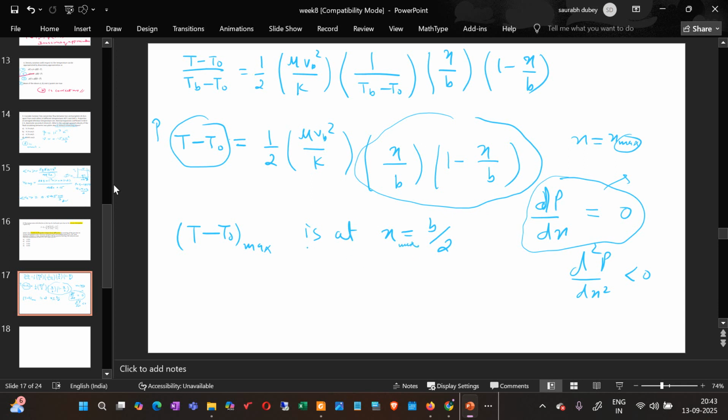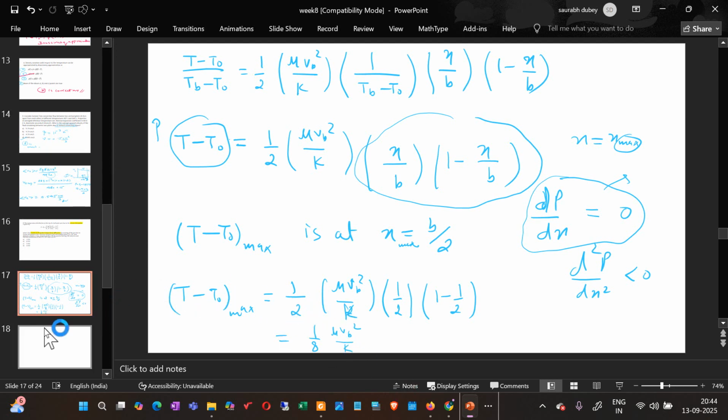then x max comes out to be b by 2, and when you do that, T minus T0 max equals 1 by 2 mu vb square by k, times 1 by 2 into 1 minus 1 by 2, it will give 1 by 8 mu vb square by k, right?